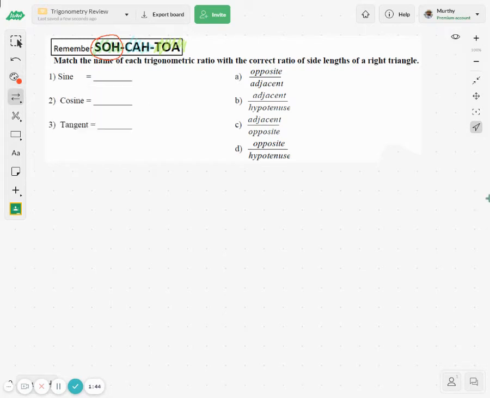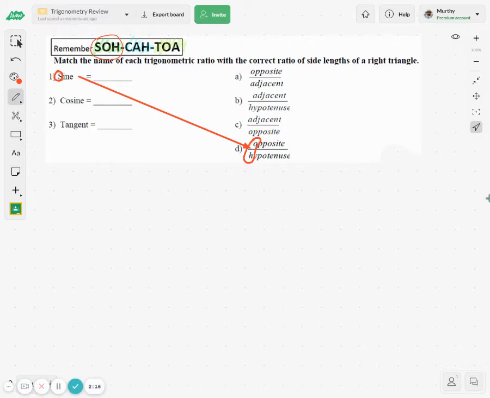So sine equals to, is it opposite or adjacent? Think of Sohcahtoa. So sine equals opposite over the hypotenuse. I repeat, you look at the first letters. SOH, that is sine equals opposite over hypotenuse. That's the beauty of Sohcahtoa.